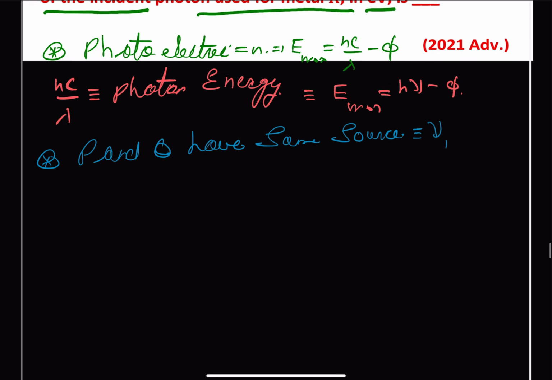Therefore, we can write the equation that our EP will be equal to H multiplied by nu1 minus work function for P, and our EQ will be equal to H nu1 minus work function for Q. And we are given that EP is twice of EQ.